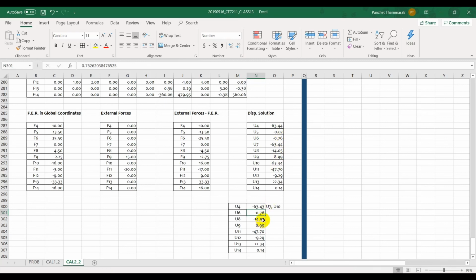U6.76, U8 14. Okay, everything matches. So the results you obtain from two solutions are identical, as long as everything is consistent. As I mentioned before, you'll be getting the identical displacement solution, and from this point you can calculate all reactions at the nodal points later from this step.